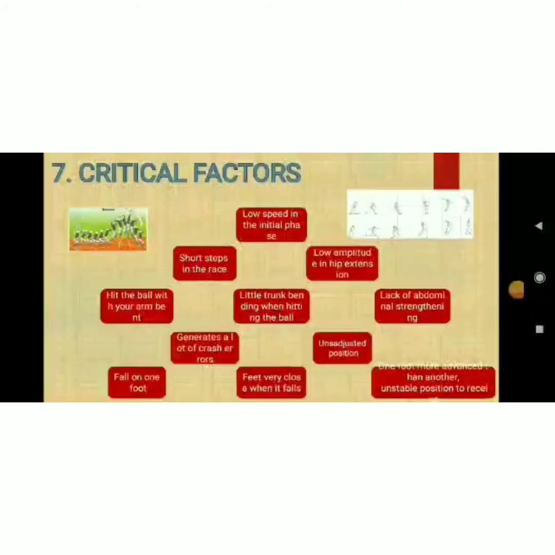Low speed in the initial phase, short steps in the run, low amplitude in hip rotation, hitting the ball with the arm bent, little trunk bending when hitting the ball, lack of abdominal straightening.